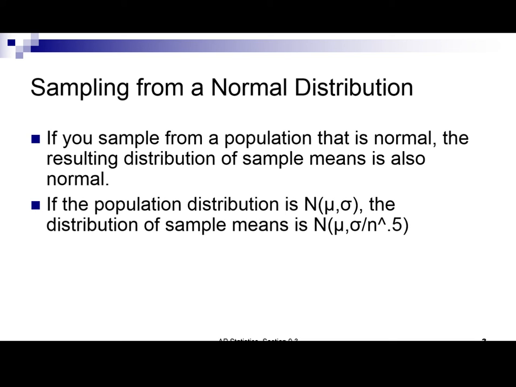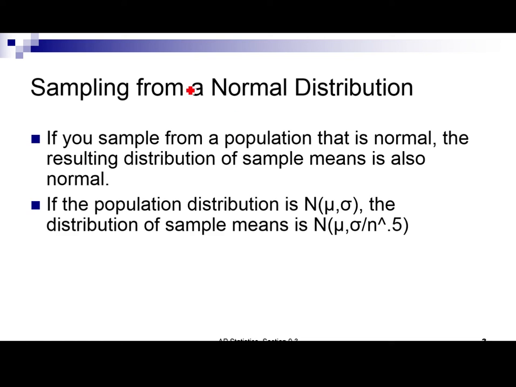I'm just going to continue with this slide. If the population distribution happens to be normal with mu comma sigma, then the sampling distribution is going to follow these statistics.